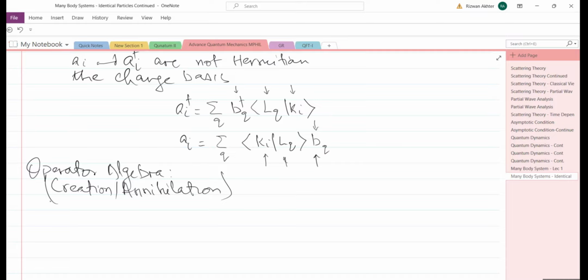So let's emphasize on this and then try to develop the commutation relation.